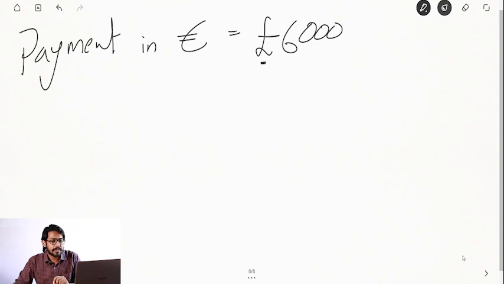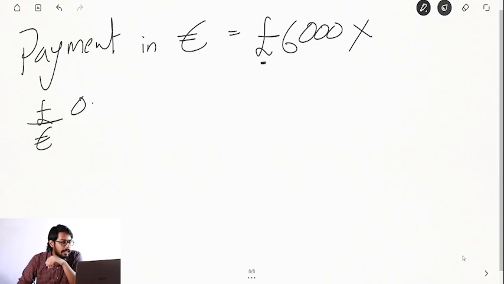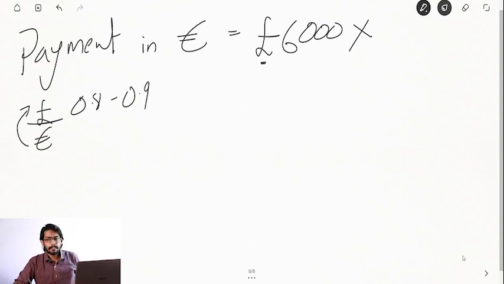Now, second question. Converting euro to pound. The rate was pound by euro is 0.8, 0.9. I am French, I have euro, I have to convert euro to pound. I have to take bid rate. Now, should I multiply 0.8 or divide 0.8? 1 euro is 0.8 pounds.